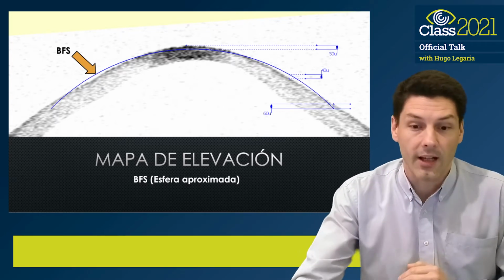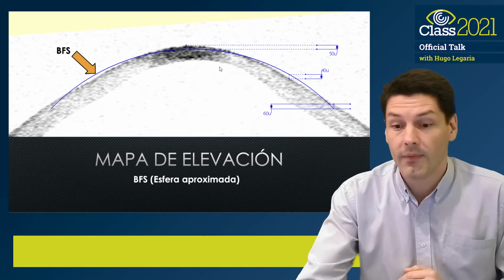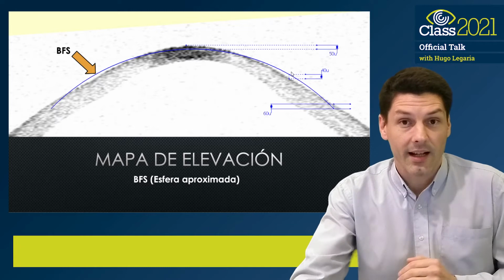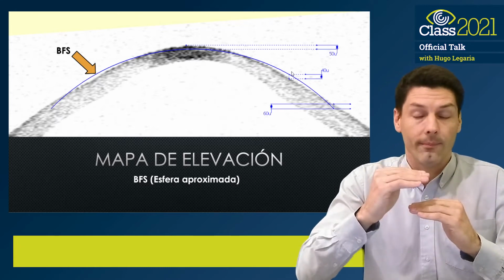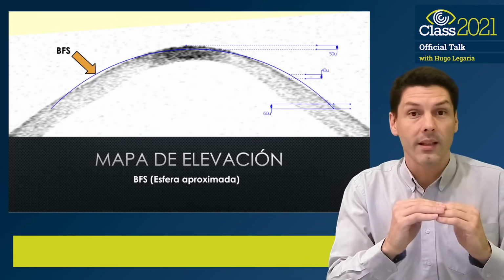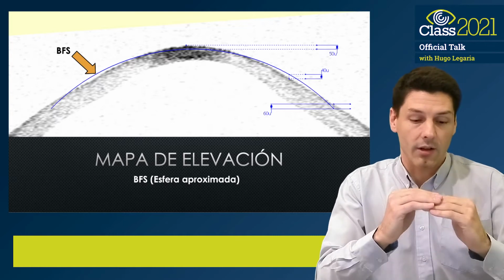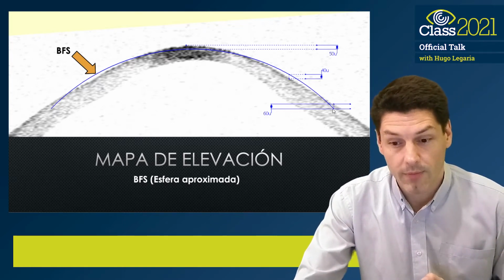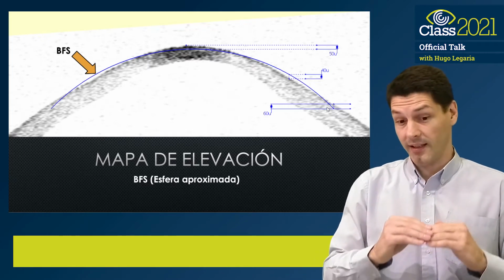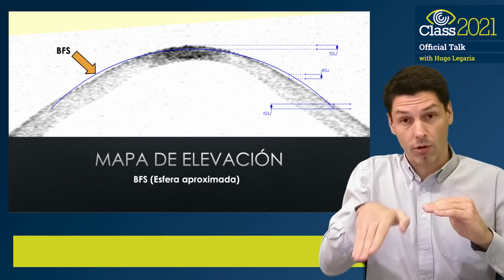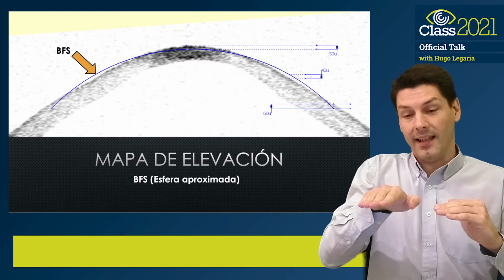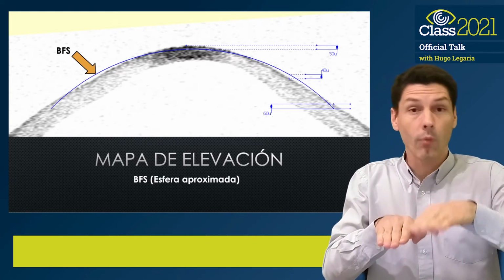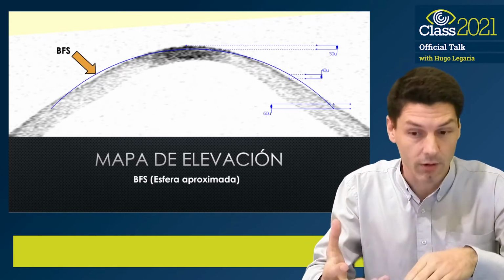In the mid-periphery area, the reference sphere is above the cornea, and that area we see painted in cold colors because the cornea is below. And when we reach the edge, we see that again the reference sphere is within the corneal tissue. That is, the cornea is higher and it will once again have warm colors on the map.